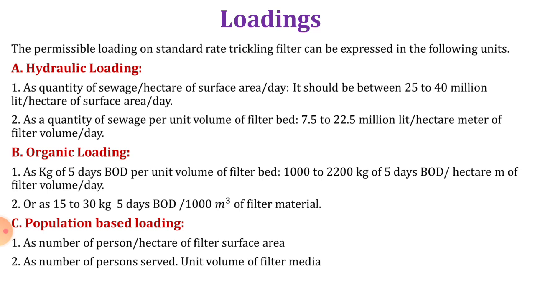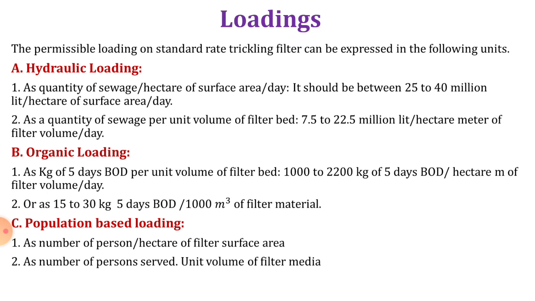Based on the organic loading, as kg of 5-day BOD per unit volume of filter bed will be taken 1000 to 2200 kg of 5-day BOD per hectare meter of filter volume per day, or as 15 to 30 kg 5-day BOD per 1000 meter cube of filter media.